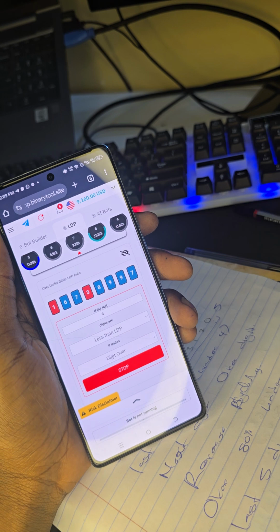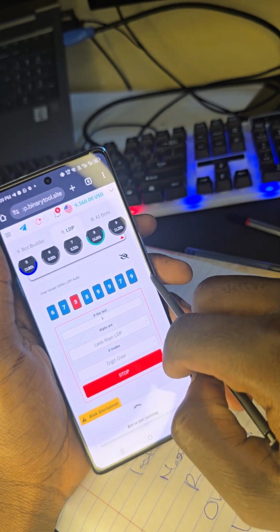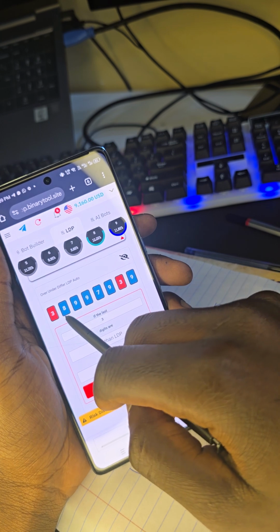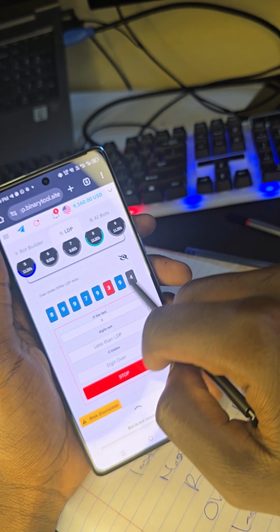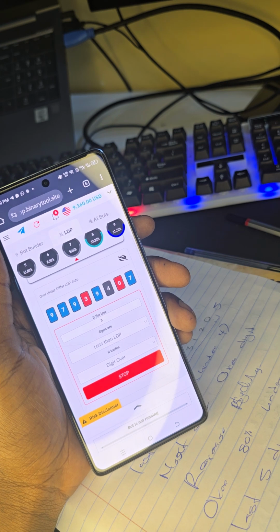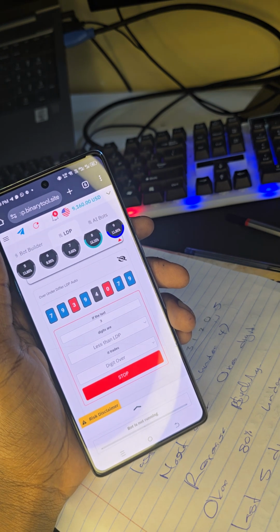So ukiangalia hapa kwa this pattern here, so kuna high chances kwamba the next one itakuwa an under digits because hii pattern haiwezi continue to hivyo for a long time. That's what I always tell myself when trading this the reverse psychology.